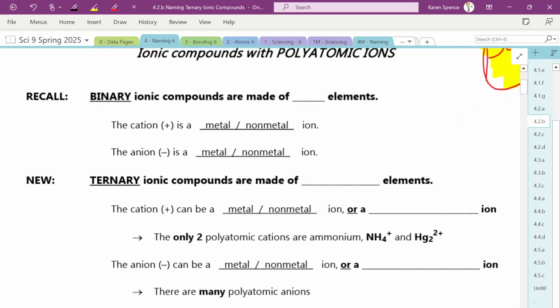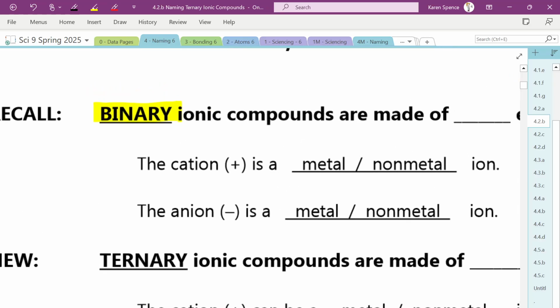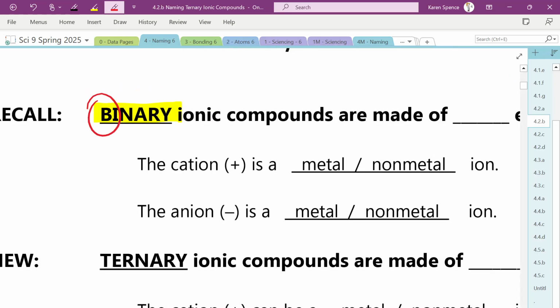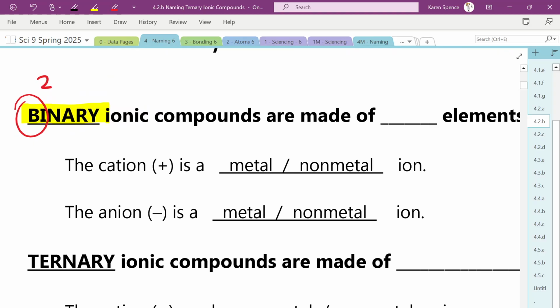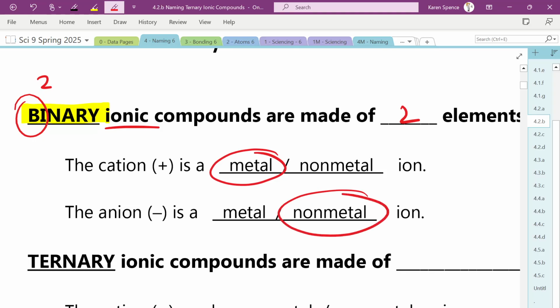So far, what we've dealt with is binary ionic compounds. What does the prefix bi mean? 2. So those are made of 2 elements. And if we have a binary ionic compound, the cation is going to be a metal, and the anion is going to be a non-metal.